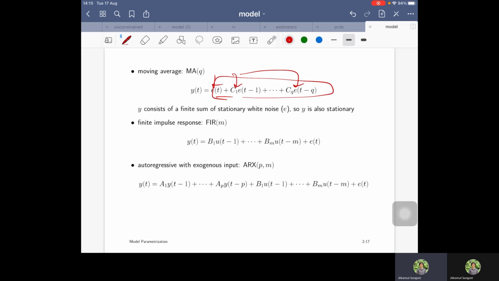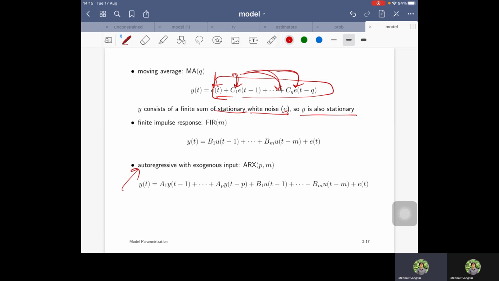If the noise is assumed to be white, which implies that the noise is stationary, then you have a finite sum of stationary processes. This readily implies that Y is also stationary. In this slide, I use the term stationary, so please be reminded of the term Y is stationary.